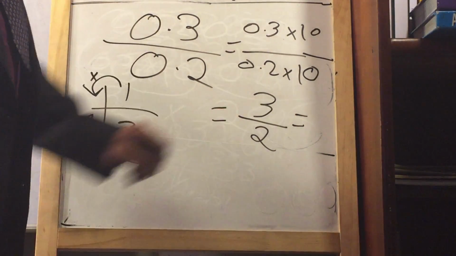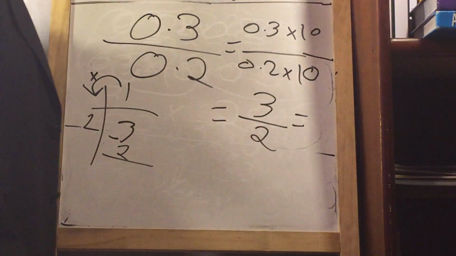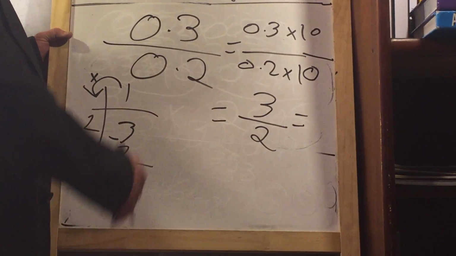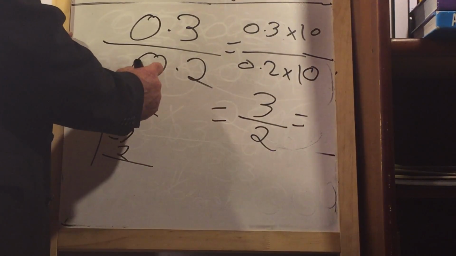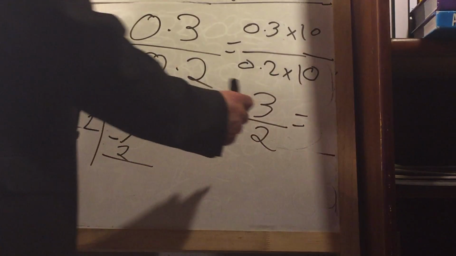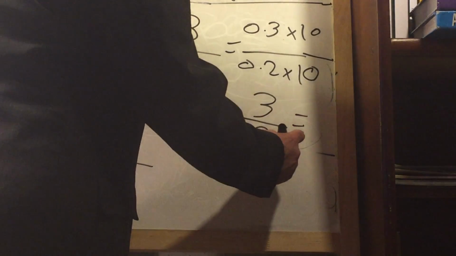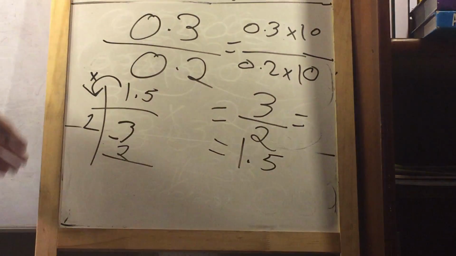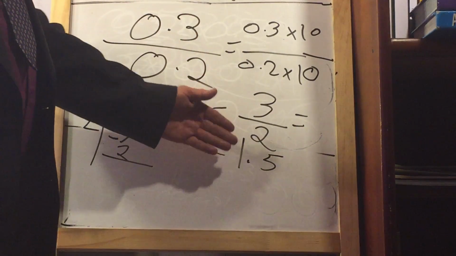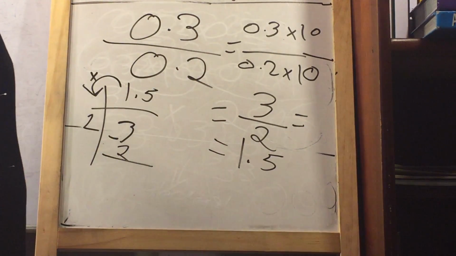What is 3 divided by 2? It is 1.5. So the answer here is 1.5. So 3 over 2 is the same as 1.5.